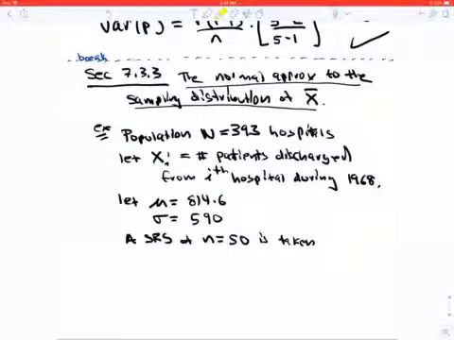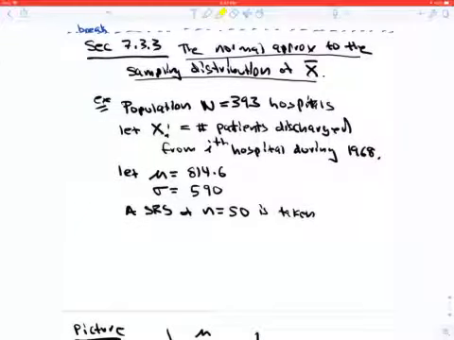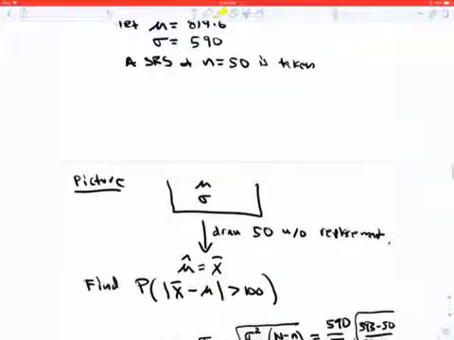But here we're going to assume that our sampling distribution is normal, and so we have a population of 393 hospitals. Xi is the number of patients discharged from the ith hospital in a certain year, and we're told that the mean and the standard deviation are 814.6 and 590, and a simple random sample of size 50 is taken.